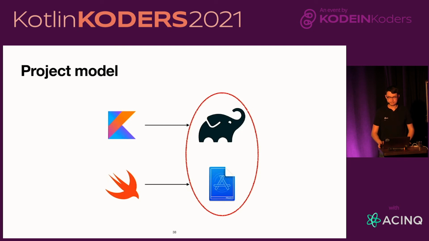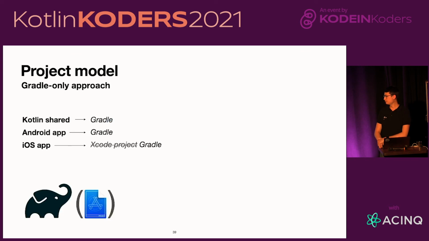If you go to JetBrains.com and download AppCode and install KMM plugin for AppCode, you will see that we resolve this problem by configuring iOS app in Gradle as well. So we configure Kotlin shared, we configure Android app in Gradle, we configure iOS app in Gradle.